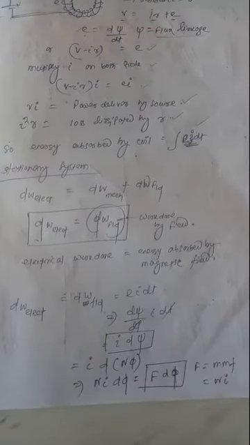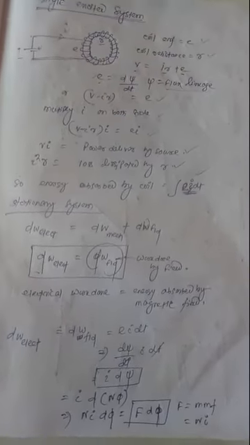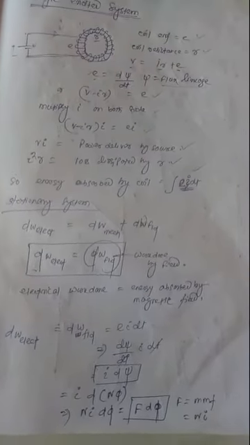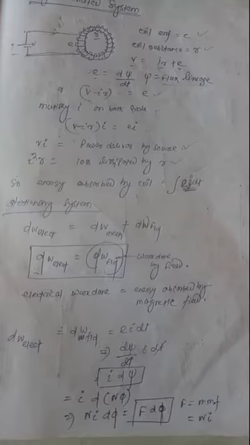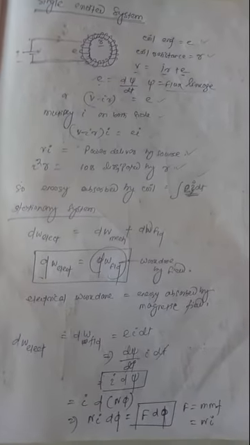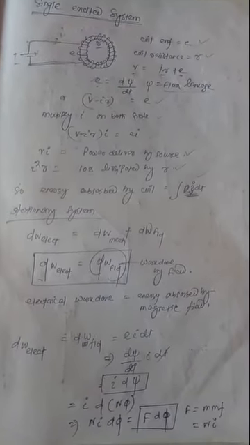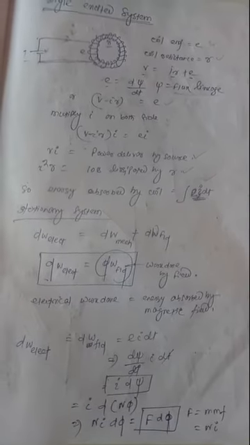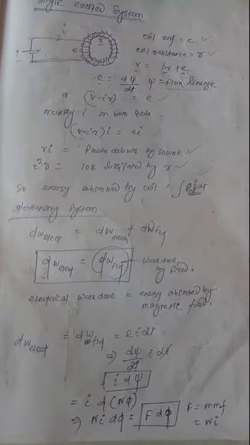A stationary system means there is no motion, there is no movable part. You may assume the transformer also, because in a transformer there is no moving element associated. So the same concept can be applied over the transformer also.